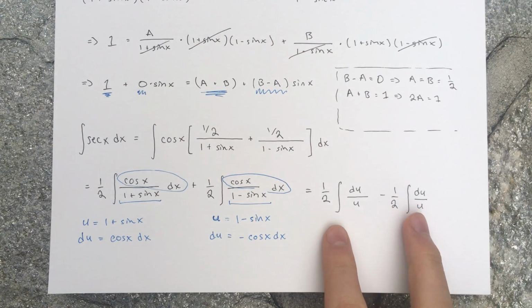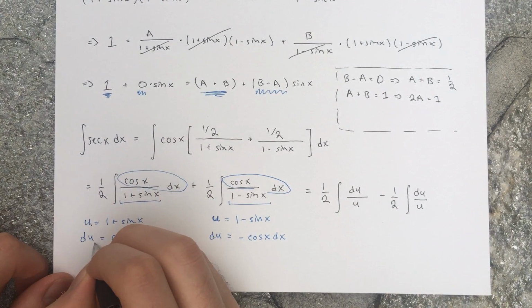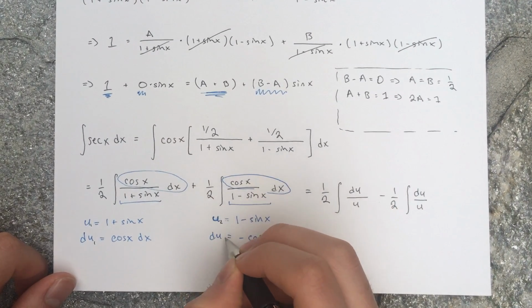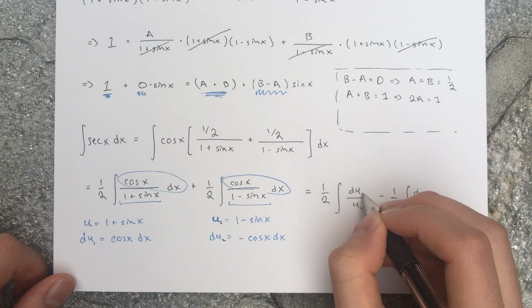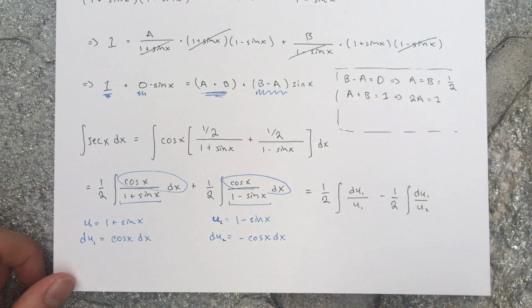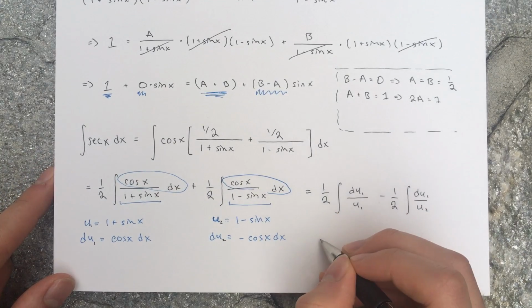And we can't just combine these because these are different u's. If you want, I can put u1 here and u2 here. So we can't just combine these. So this is not just equal to 0. This is actually a different integral. So we'll do each of these separately.